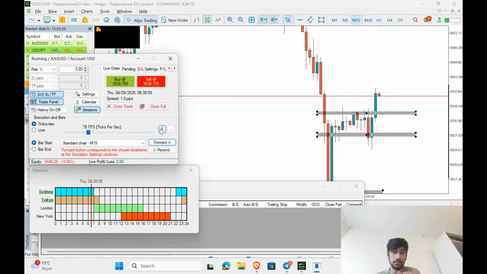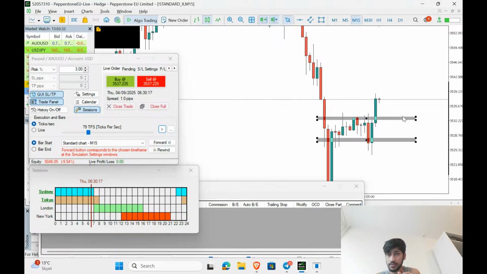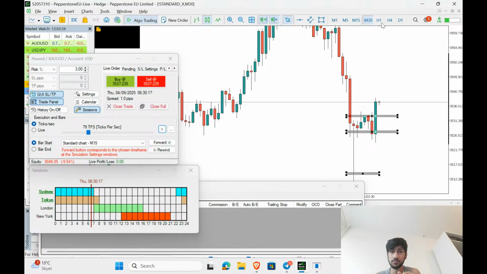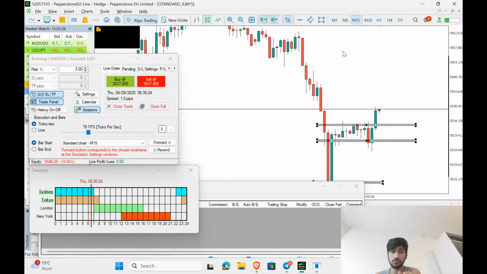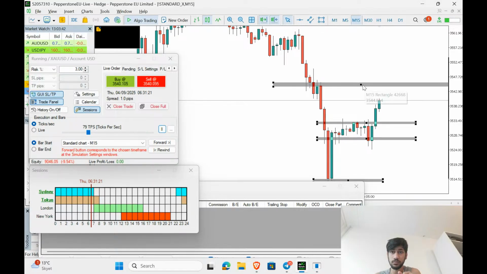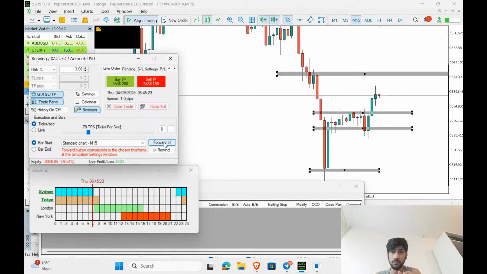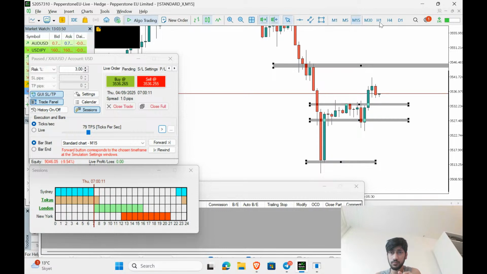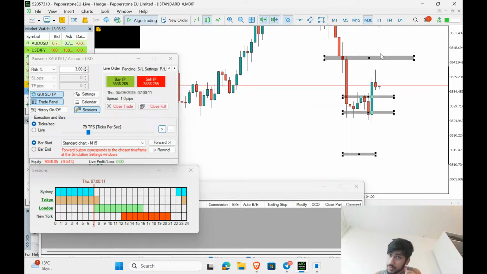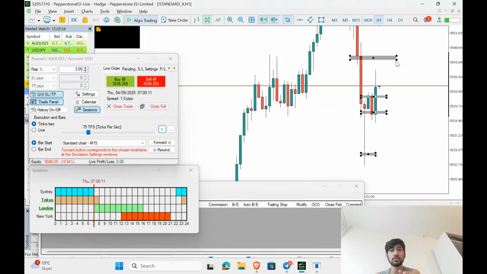But it moved too much. We have rejection right away. We want a better market structure. Formed resistance, H1 we closed.